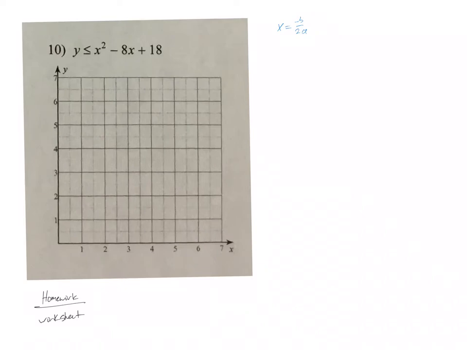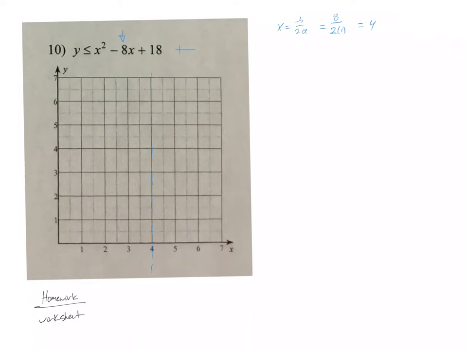In this case, that's going to be 8, because my b is negative 8, so negative negative 8 is positive 8, over 2 times a, which is 1. So this just comes out to be 4. So I have this equation, x equals 4. So this is my axis of symmetry here.